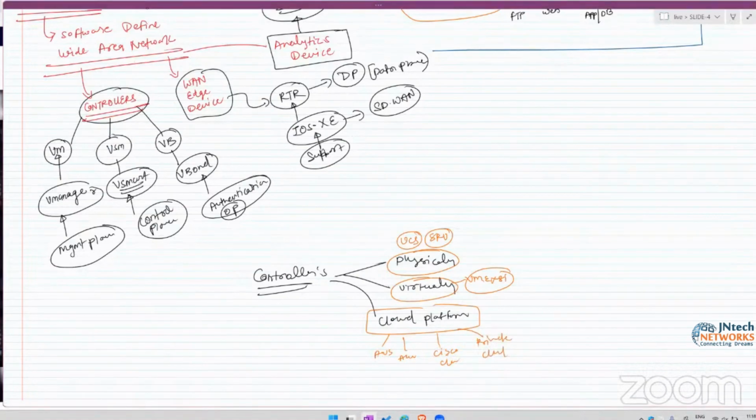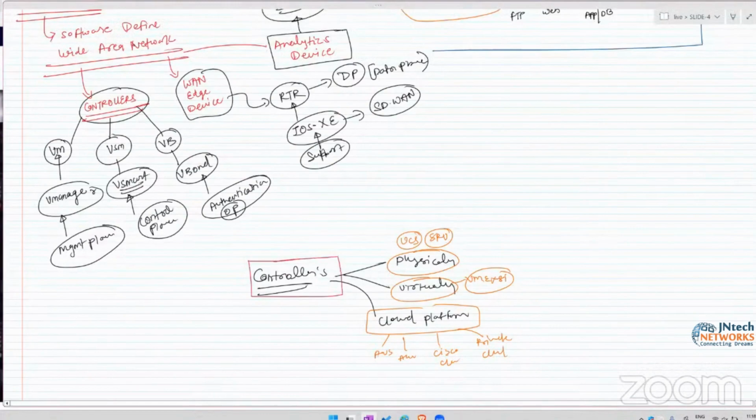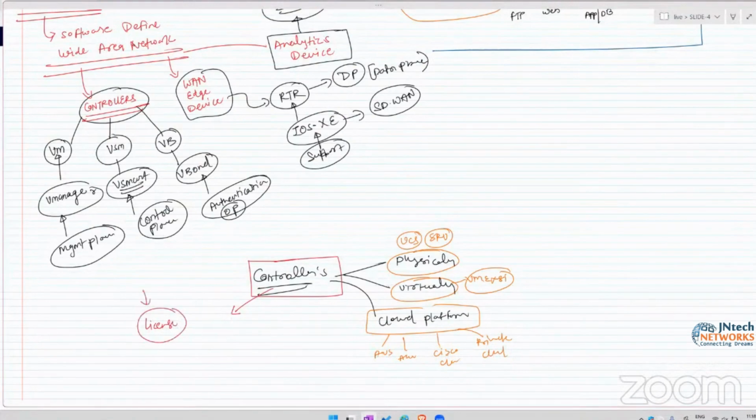But one thing must be clear for controllers, only for controllers. If you are onboarding your controllers, you must have a license. This license we can get from Cisco. Cisco will provide this license, and this license will help onboarding your controllers or managed devices as well.